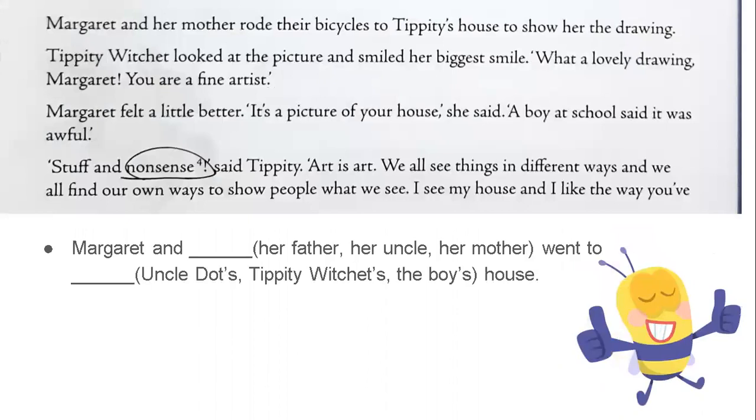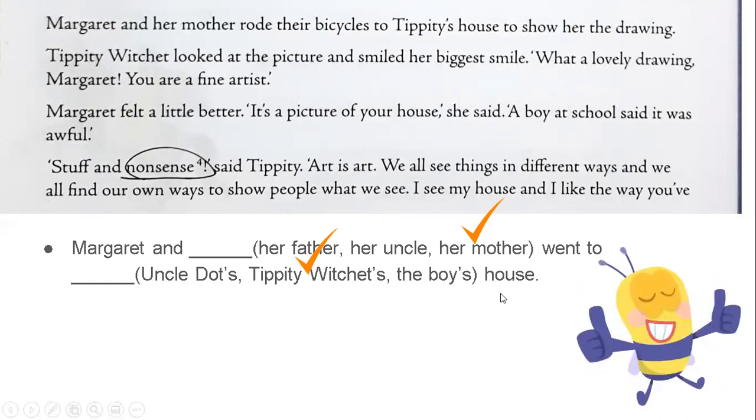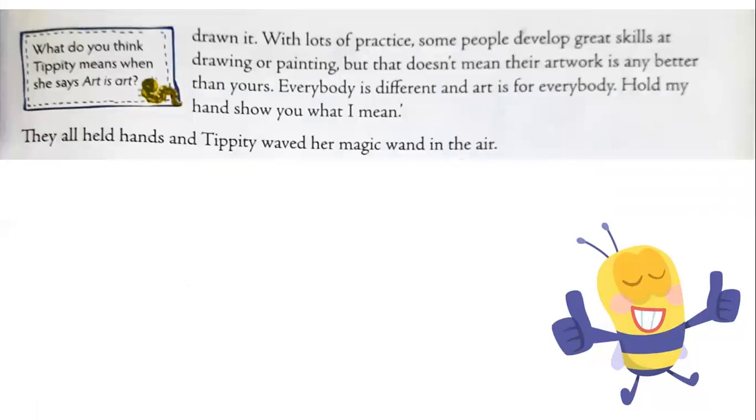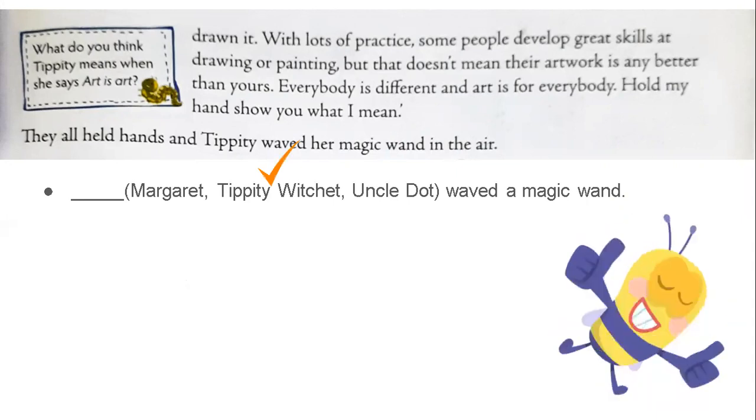This is the next part, your question. Margaret and her father, her uncle or her mother went to Uncle Dot's, Tippity Witchet's or the boy's house. Her mother and Tippity Witchet. There. This is the next part. That's your question. Margaret, Tippity Witchet or Uncle Dot waved a magic wand. Tippity Witchet.